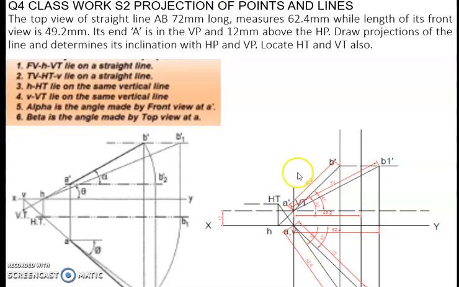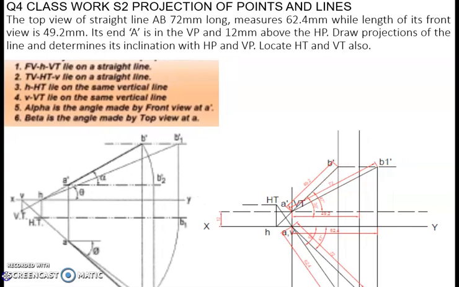Actually it is not visible to you. Okay, so let's talk about what is given in this problem. We have the front view and the top view, that is the plan AB.